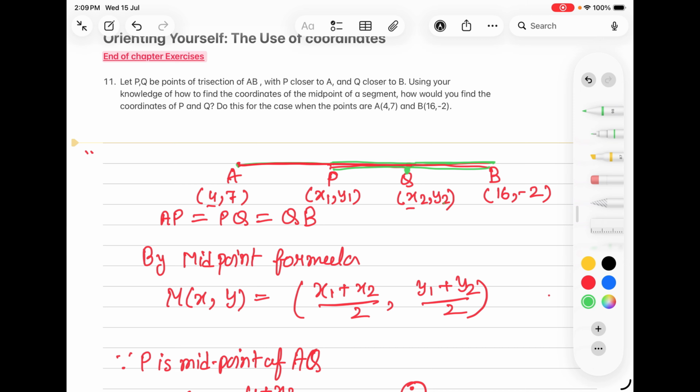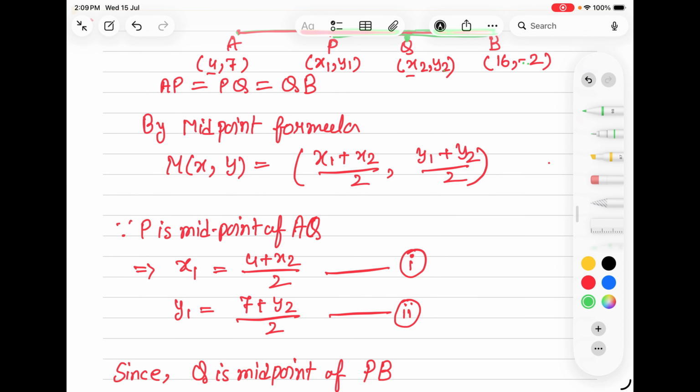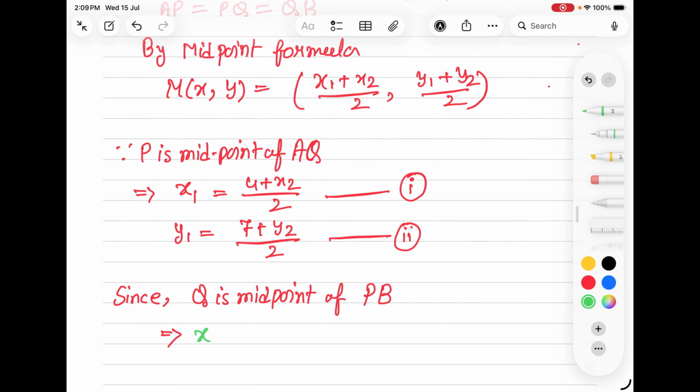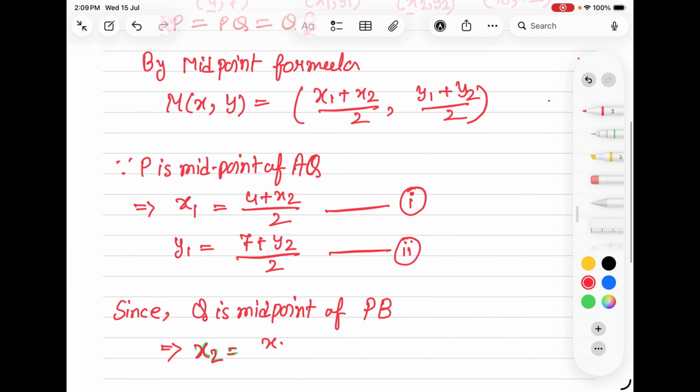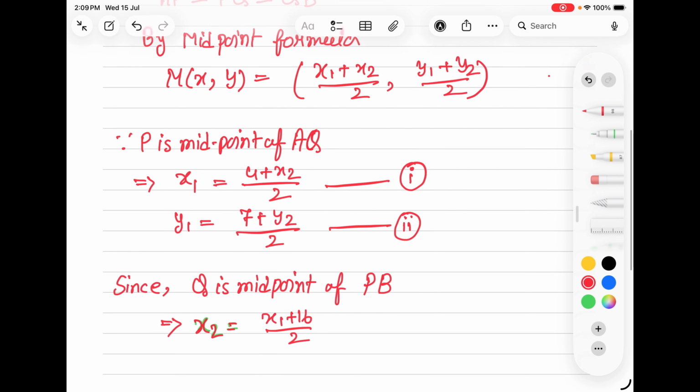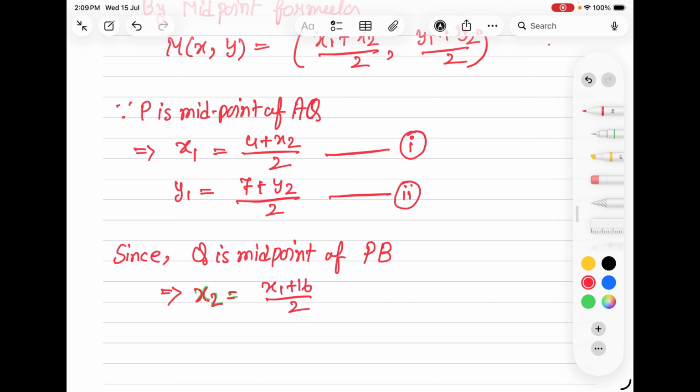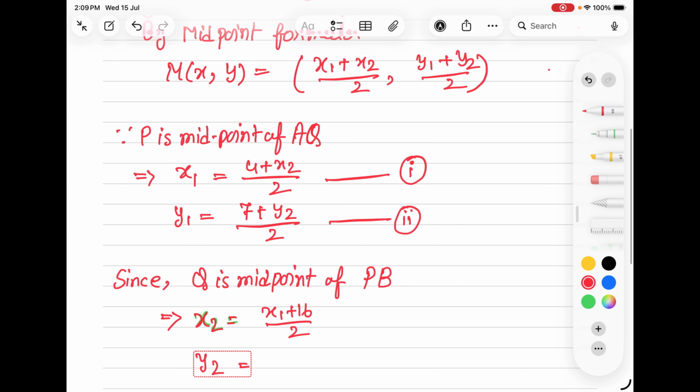Similarly, y2 equals (y1 + (-2)) / 2. These are equation number 3 and number 4.